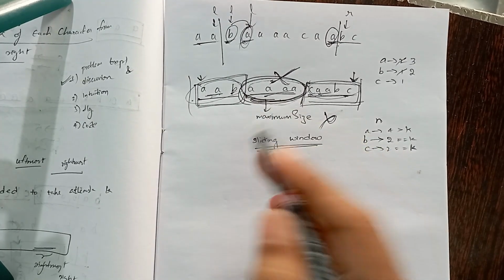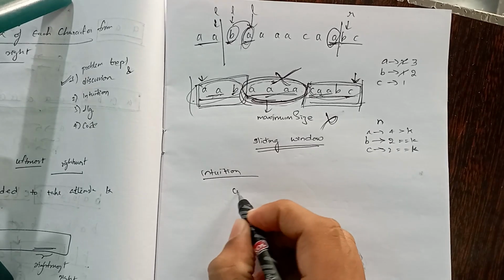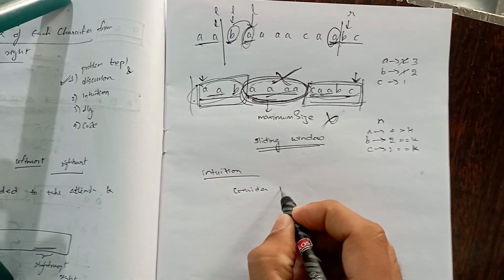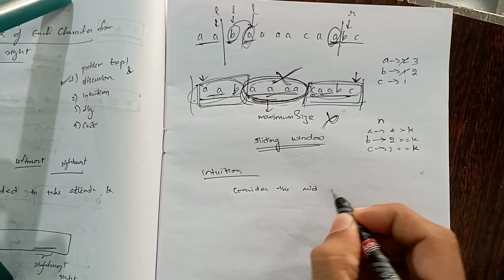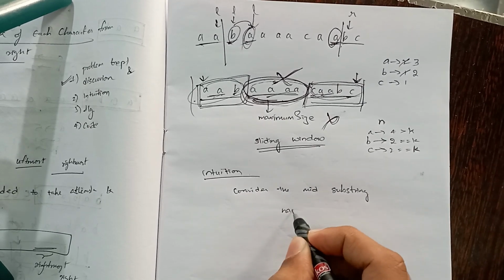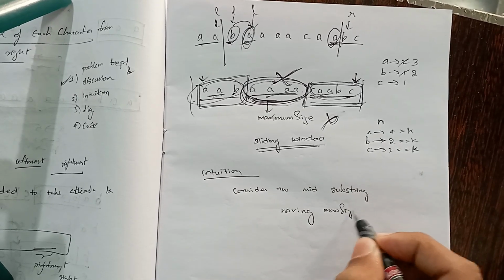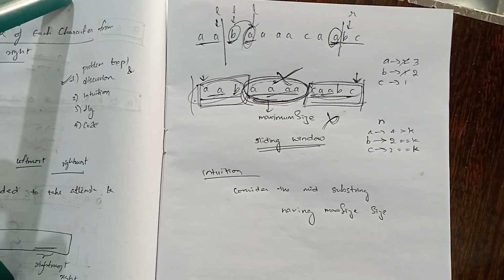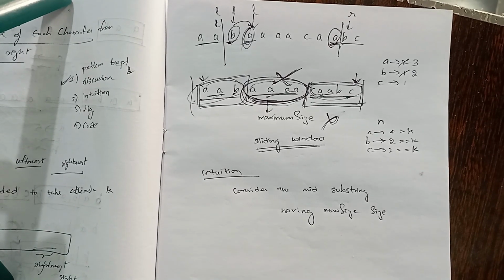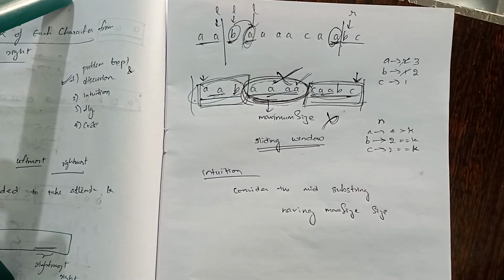the middle substring. The intuition here is to consider the middle substring having the maximum size. But how do we know that this is the valid substring that we need to remove?